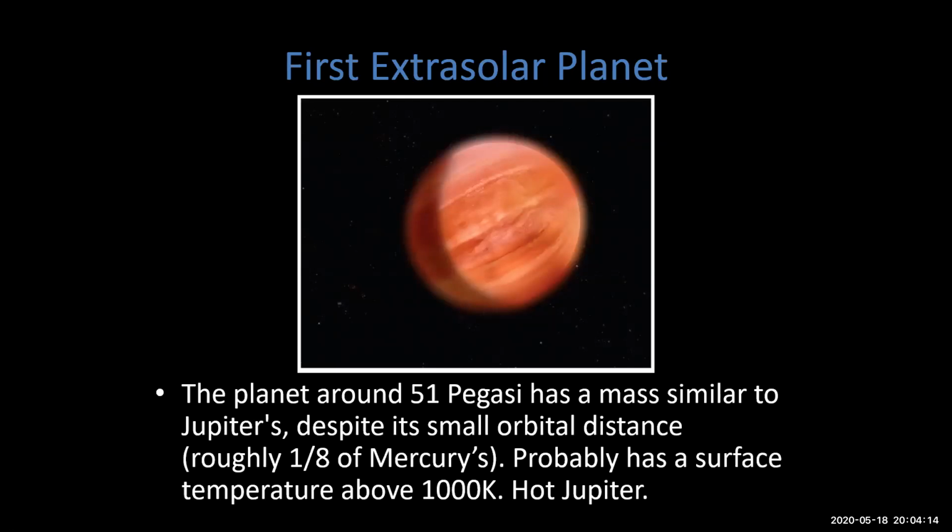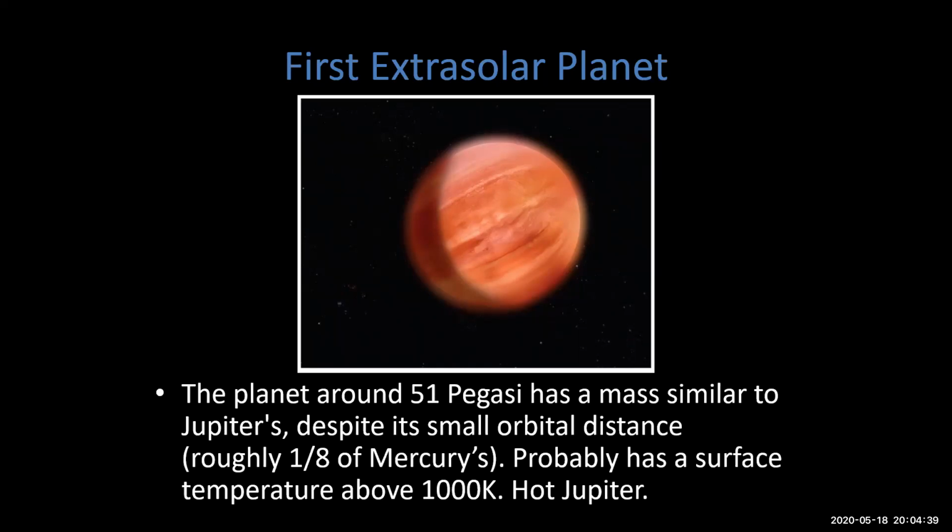So this first extrasolar planet, 51 Pegasi b, has a mass similar to Jupiter's, but it is much, much closer to the star than Jupiter is. Jupiter is at about 5 AU. This one is roughly 1/8 the distance of Mercury. It orbits every 4 days.